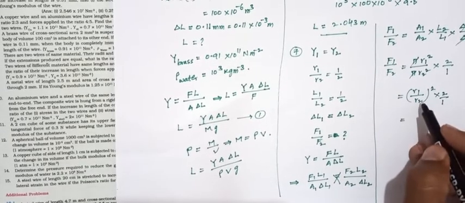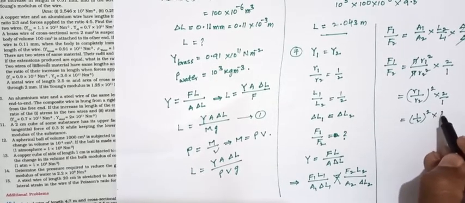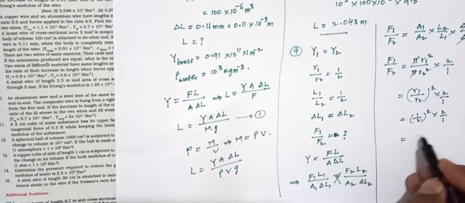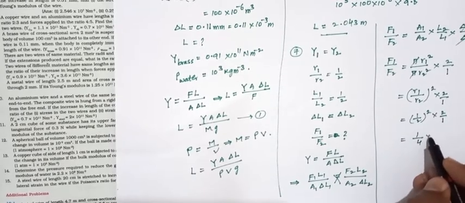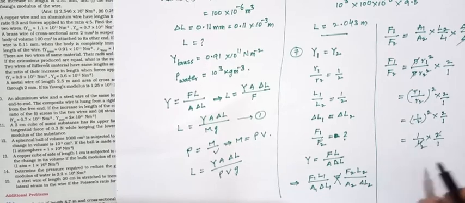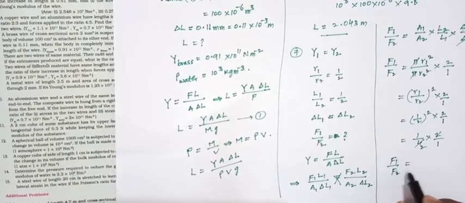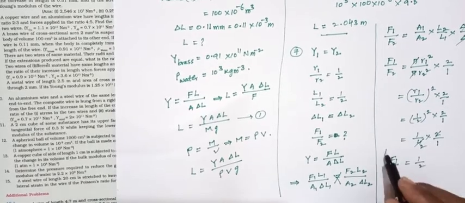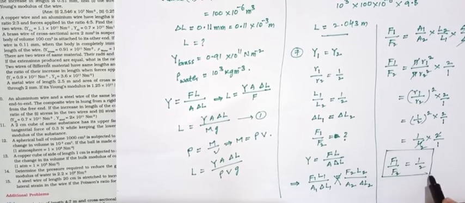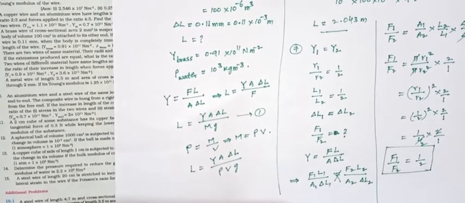R1 by R2 equals 1/2, so 1/2 whole square into 2/1 equals 1/4 into 2/1. So F1 by F2 equals 1/2. This is the ratio between the two loads.